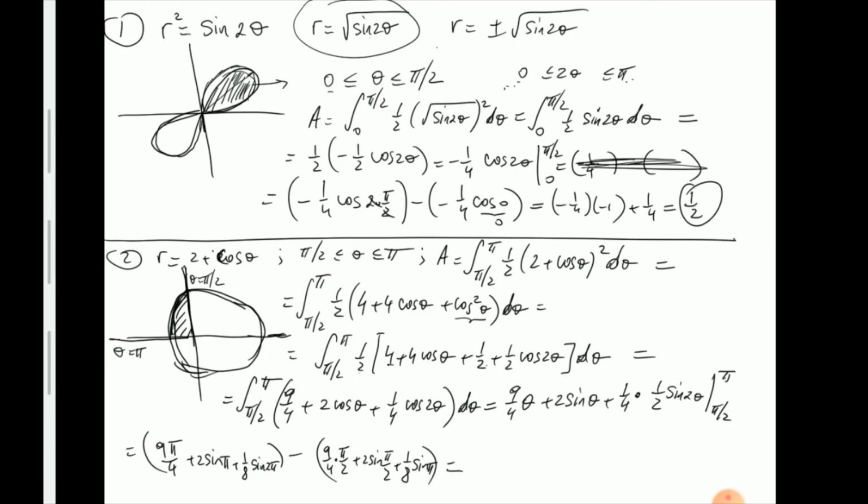All right, so sine of pi is 0, sine of 2 pi is 0, sine of pi/2 is 1, so I'm left with 9 pi/4 minus 9 pi/8 minus 2. This combines to 9 pi/8 and then minus 2.